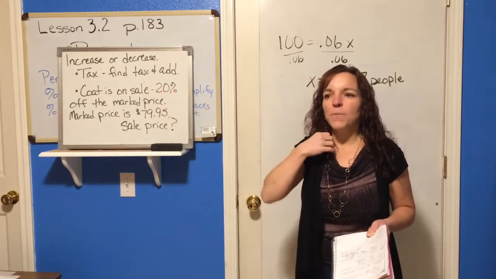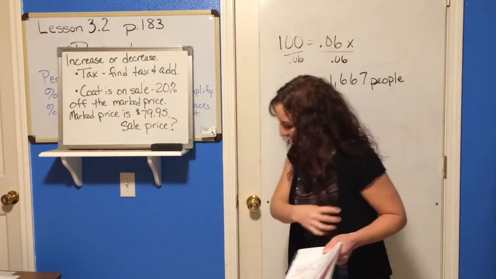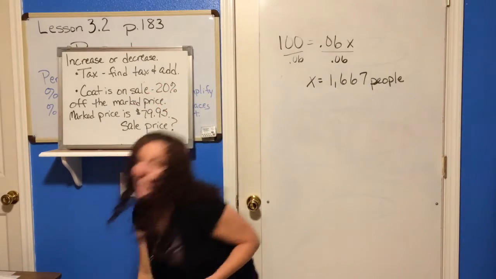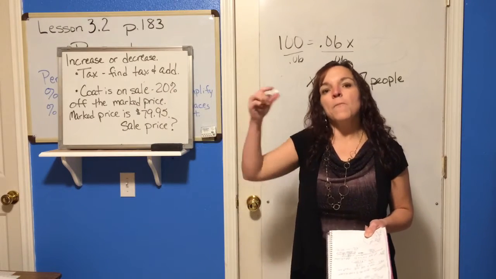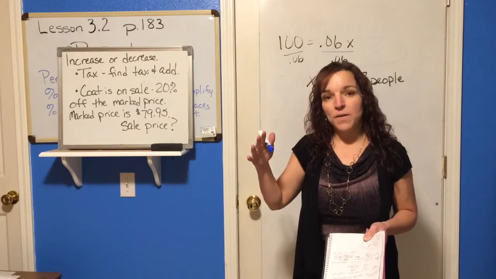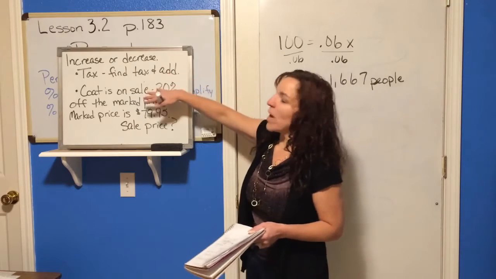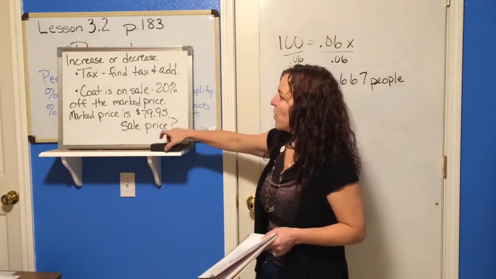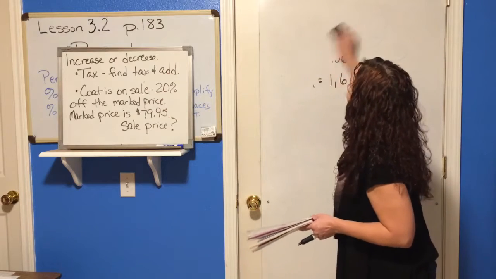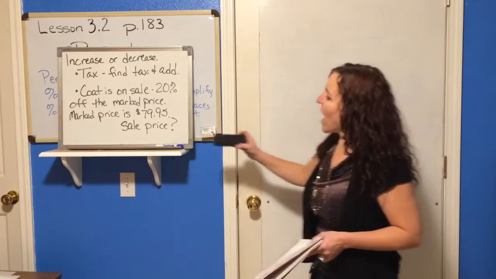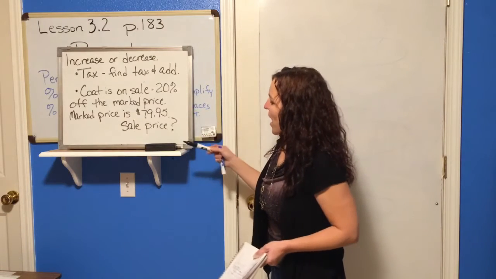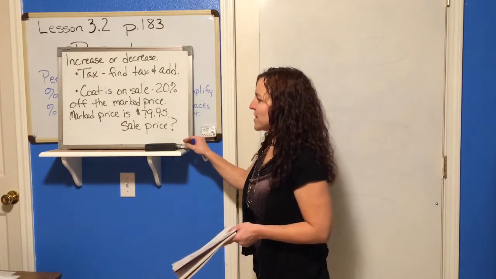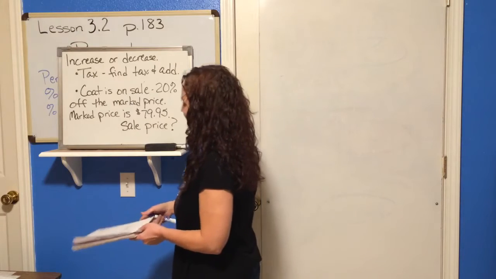If you're purchasing something and then you're multiplying by the percent of the tax, you would multiply that by the 5% tax or the 2% tax, get that amount and add it back on. The decrease is the same way, except we're going to subtract it, and that's the example that we're going to do. So if I want a coat, and the coat is on sale at 20% off the marked price, and the marked price is $79.95.